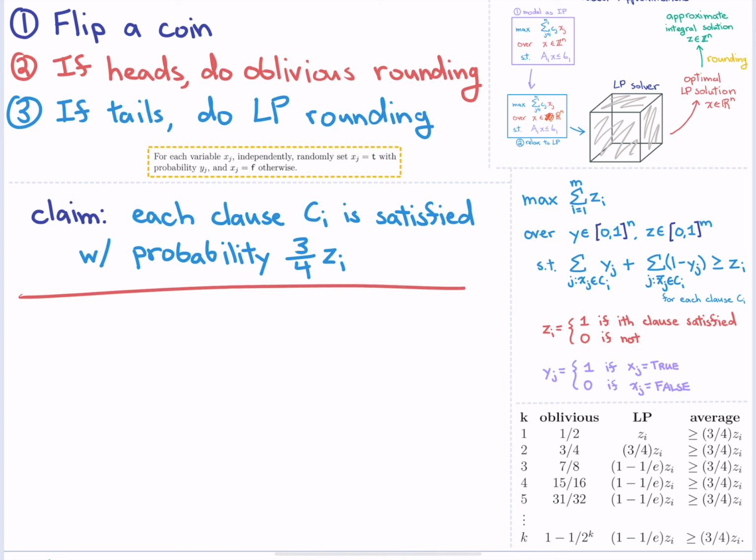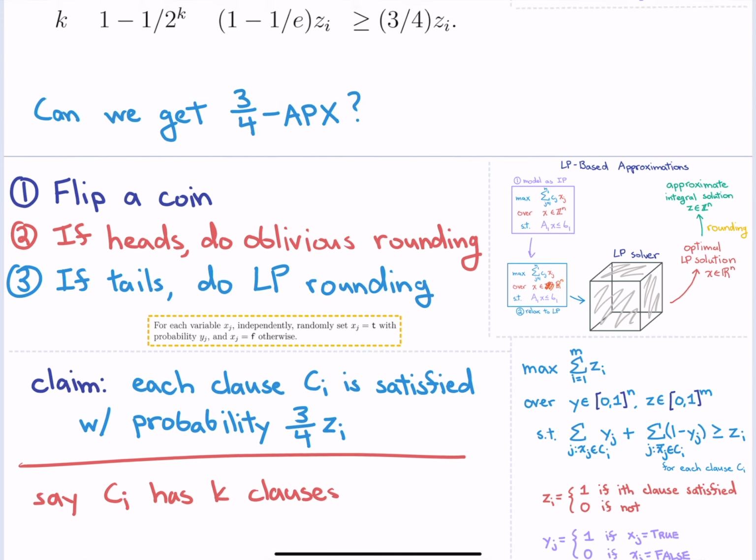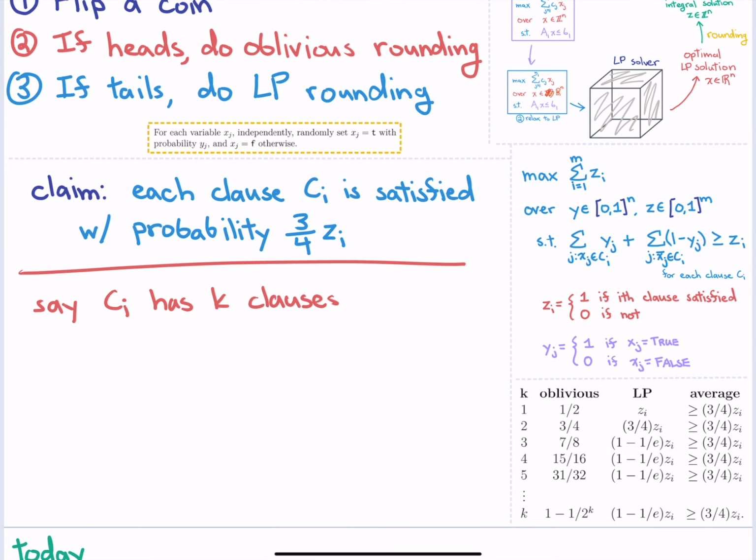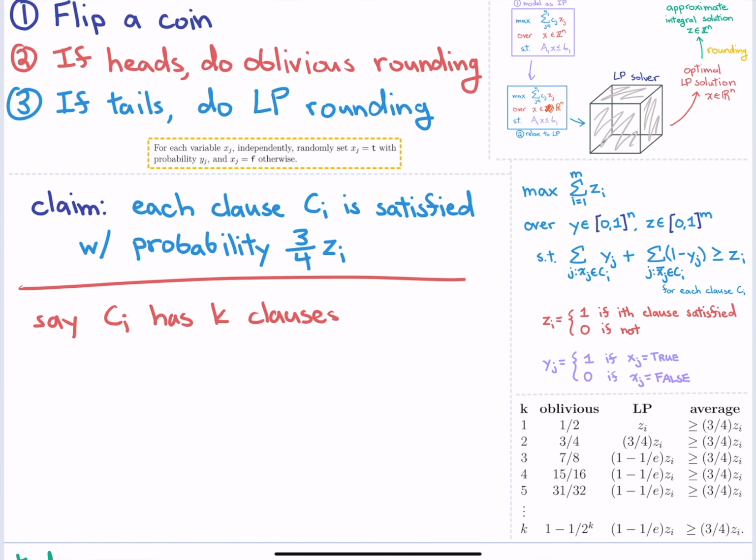All right. So now, how do I analyze this, right? And I'll keep it moving fast because we're about out of time. So let's say that C_i has k clauses. Let me pick one, any row would have been fine. The probability that I satisfy C_i, right? We can look at the two situations conditionally.